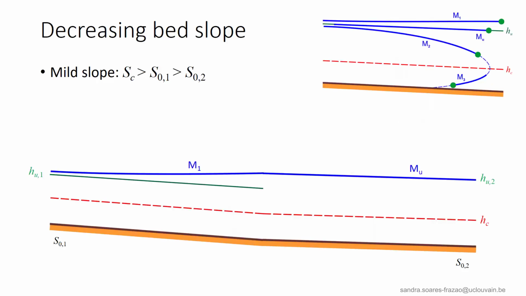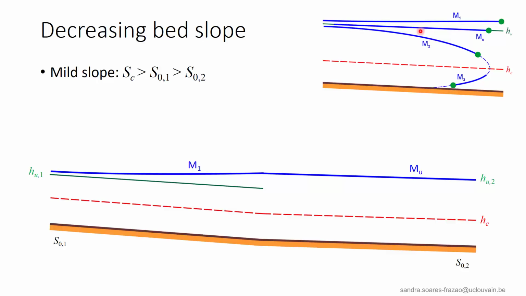We still assume that the uniform flow prevails far away upstream and downstream from the change in bed slope. So, in the downstream reach, we can only have a MU profile, as we have shown before already, because this is the only one that tends to the normal depth.